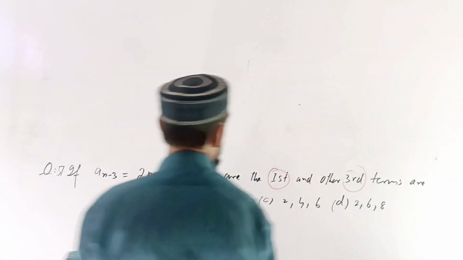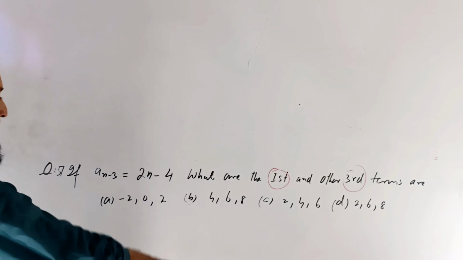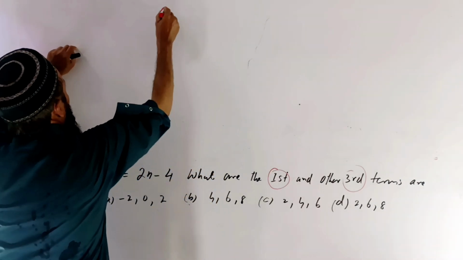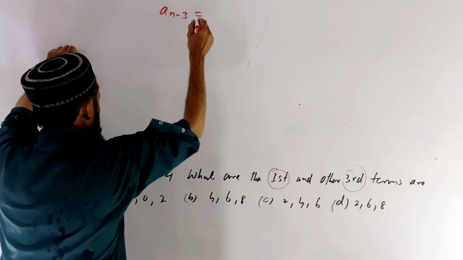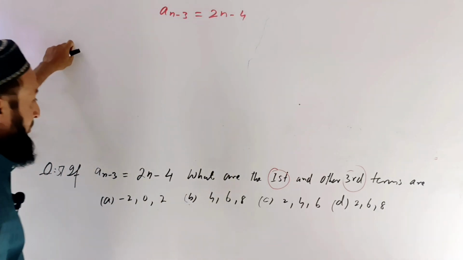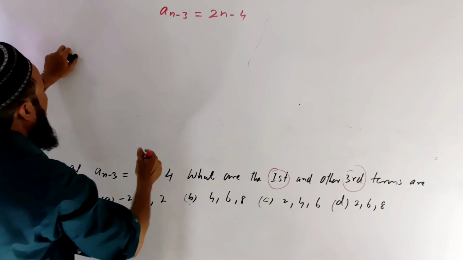And here, if we put the general term a n minus 3 is given as 2n minus 4.